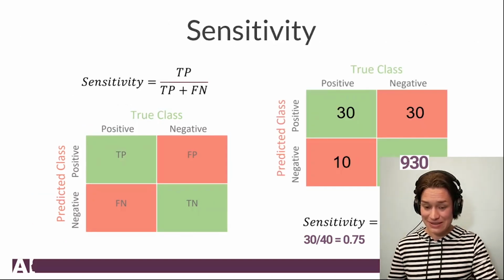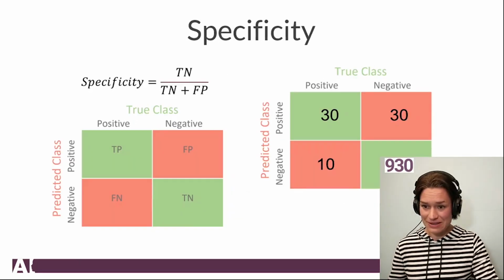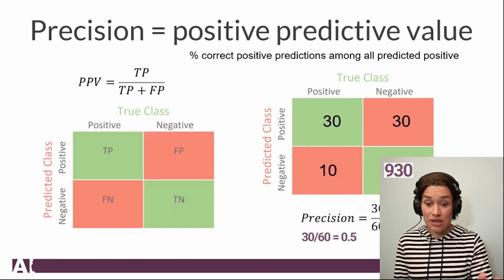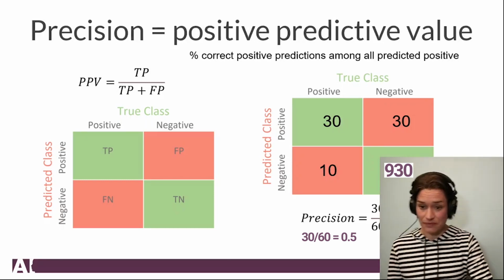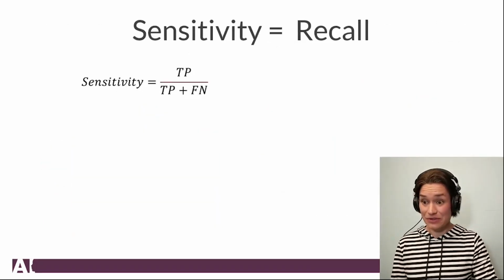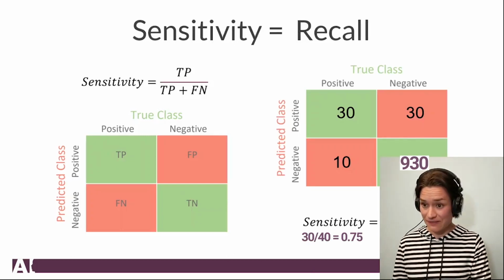Then we have sensitivity 75. Our specificity is 0.96 again. And what about our precision here? It's only 0.5, so it's not so beautiful. But that's what it is. And sensitivity, recall we already had. Our sensitivity is 75, not too bad.